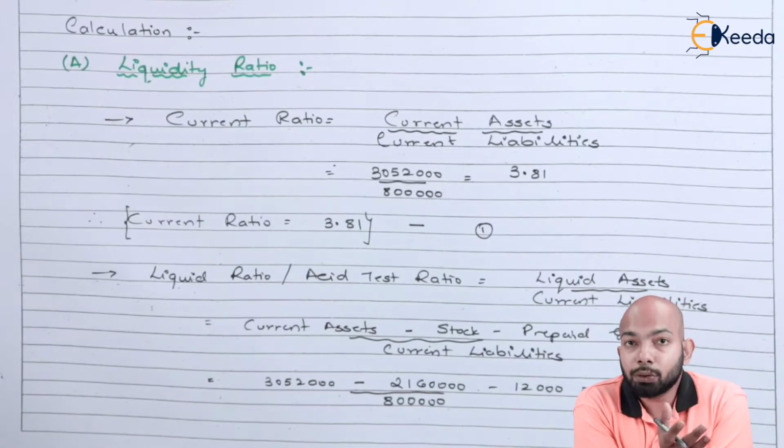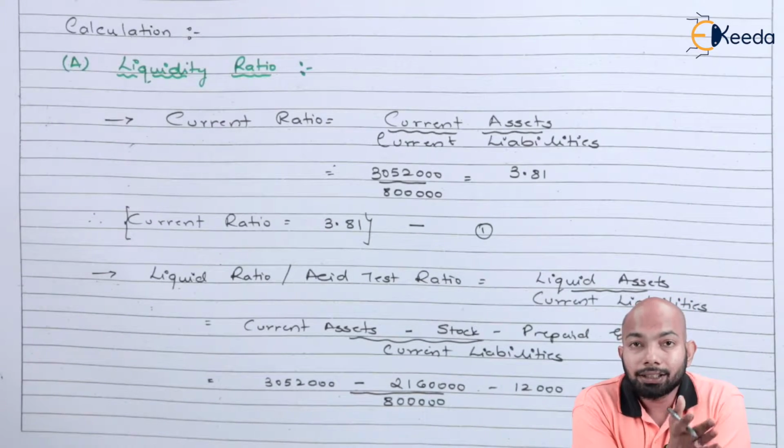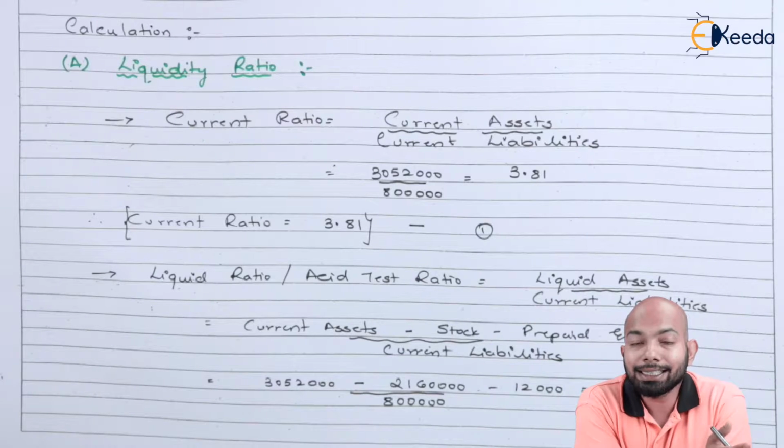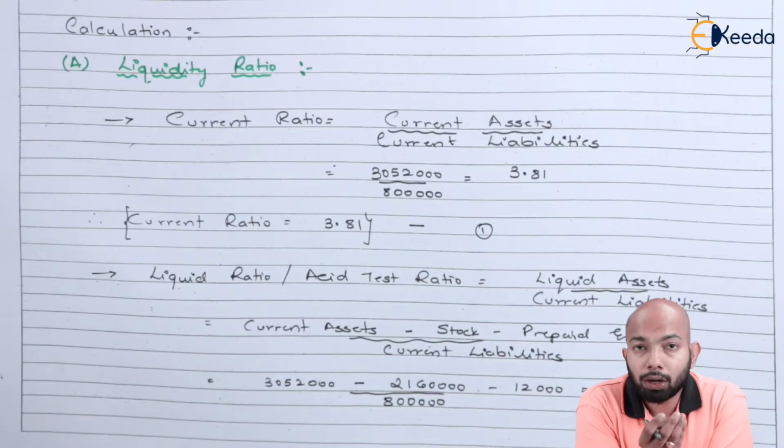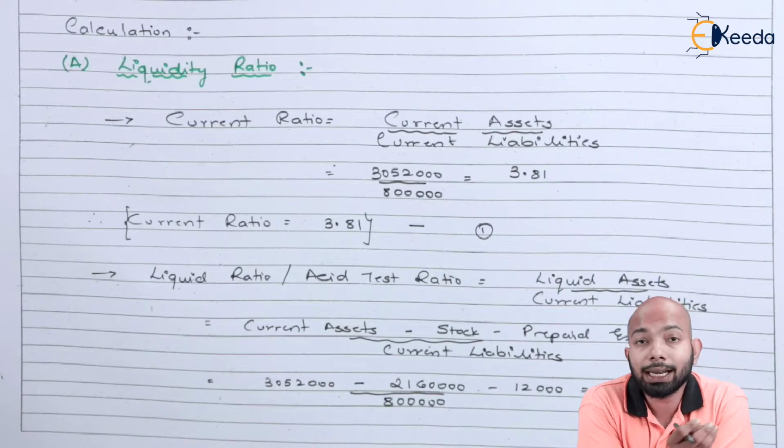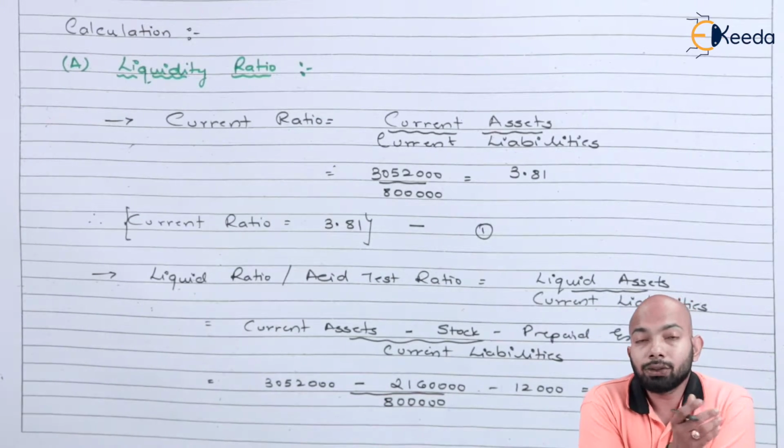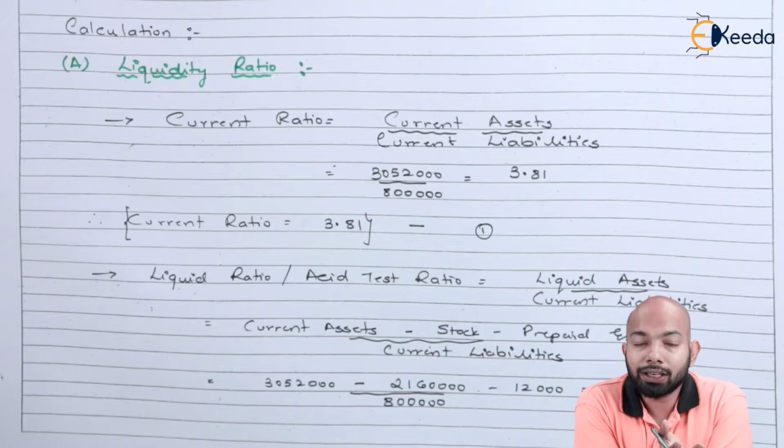So 30,52,000 minus 21,60,000, which refers to the stock, and 12,000 as prepaid expenses will be subtracted from it. Whatever answer we have will be the liquid test ratio, or rather the acid test ratio. So the value that we get here is 8,80,000 divided by 8 lakh. That will give you somewhere around 1.1.